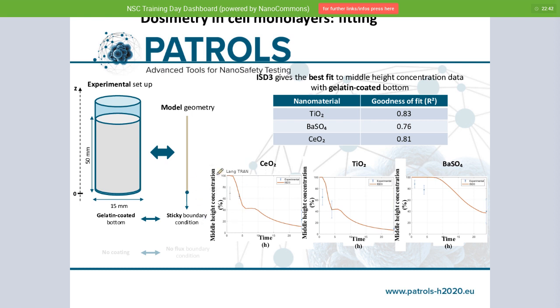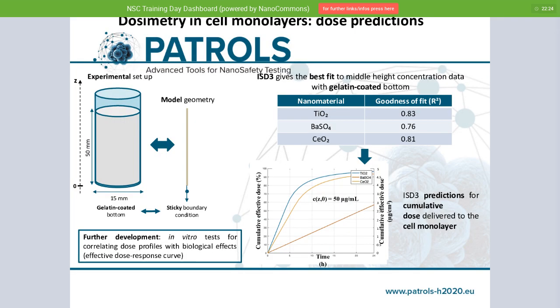And again, you can see here our prediction, a very good goodness of fit for the three materials in an in vitro situation like the one described to the left.